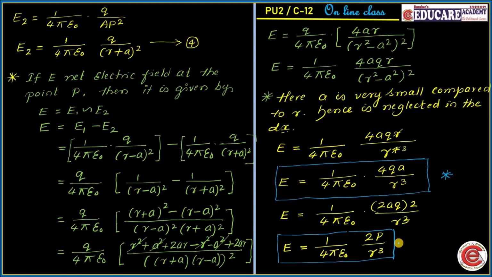With this equation, we come to know that the net electric field depends upon two factors. One is the dipole moment and another one is the distance of the point from the center of the dipole. With this discussion and explanation, I think the derivation of the equation of electric field due to a dipole at a point on the axial line is clear to you.